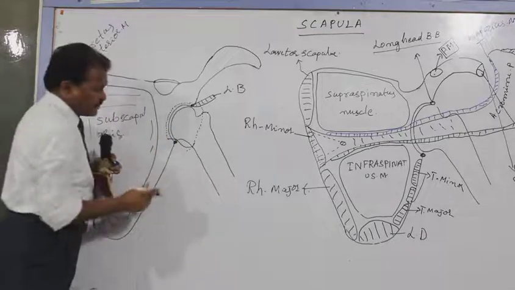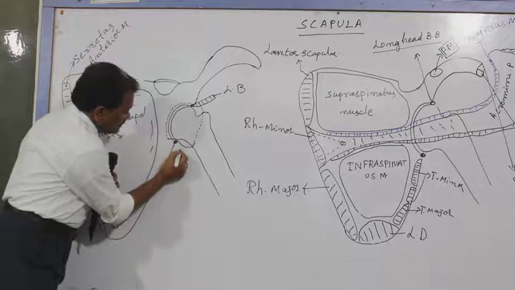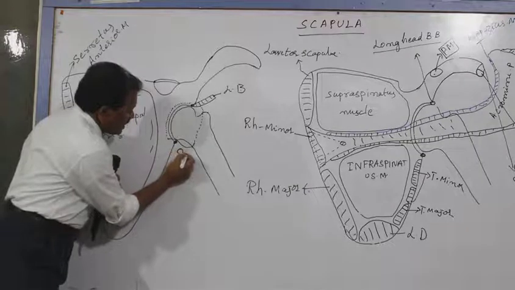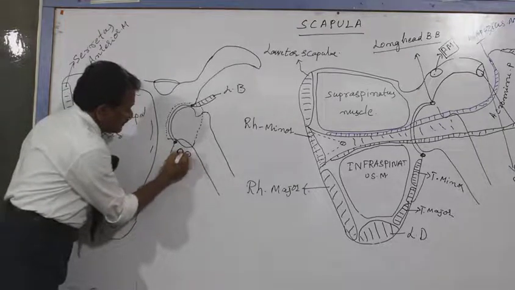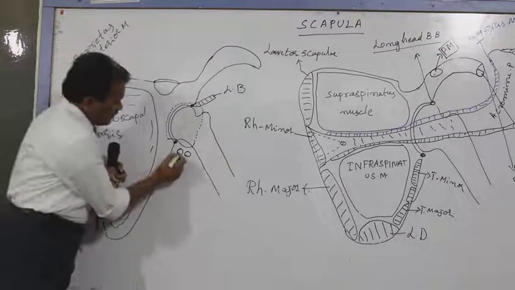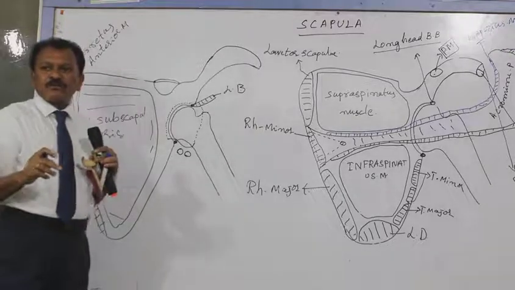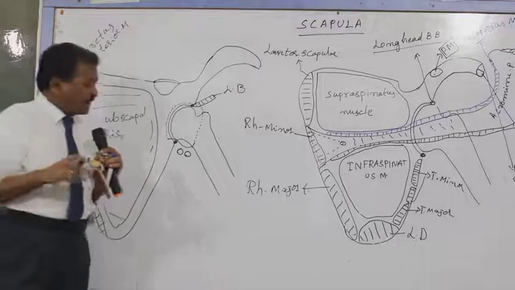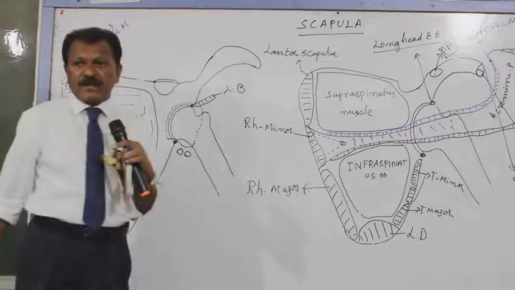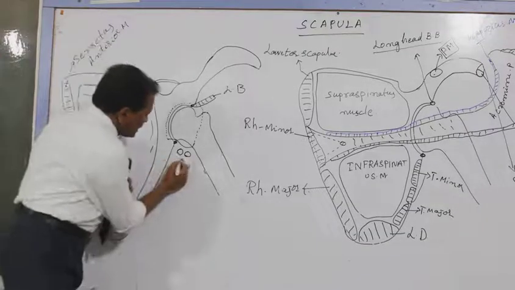Below this, at this region, there are circumflex humeral arteries, accompanied by the circumflex humeral veins: posterior circumflex humeral artery, posterior circumflex humeral vein, anterior circumflex humeral artery, anterior circumflex humeral vein. And along with this, there is the axillary nerve.